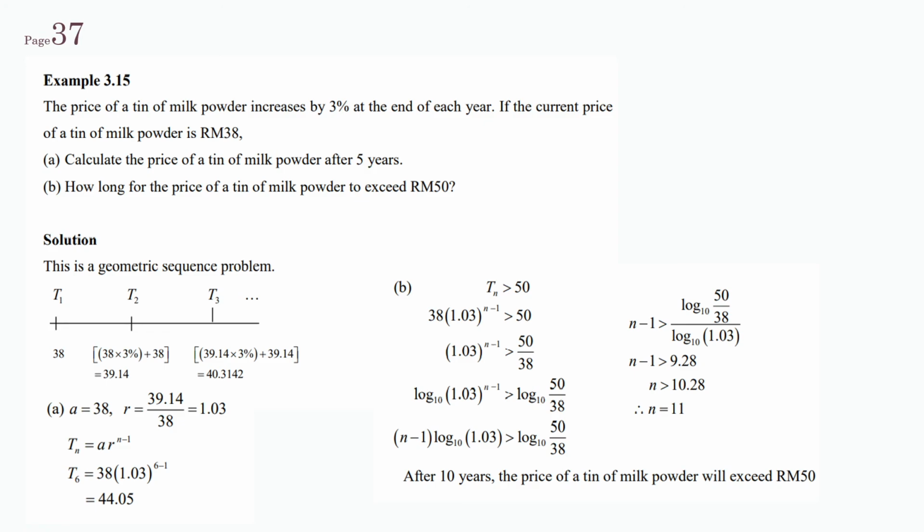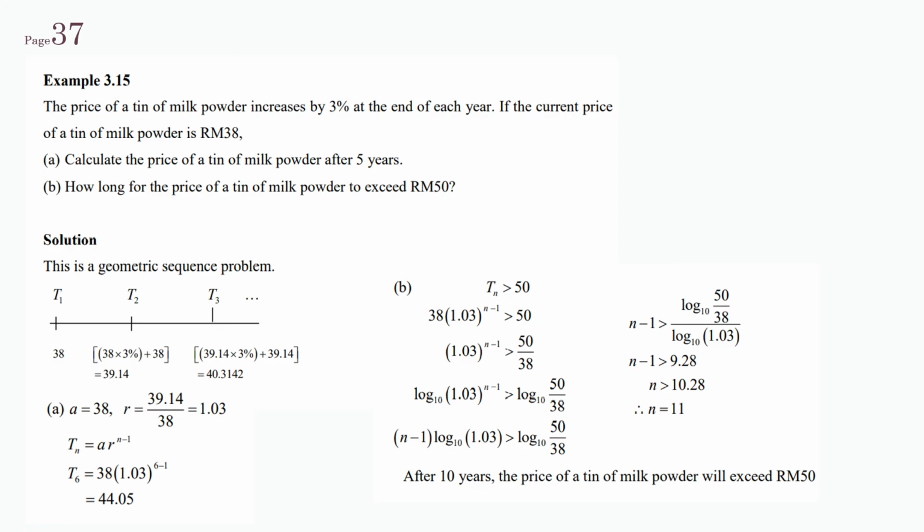So the price must be greater than 50, and notice over here, it cannot be a decimal, it must be an integer. Okay, and then this is the end of our video for chapter 3. Bye.